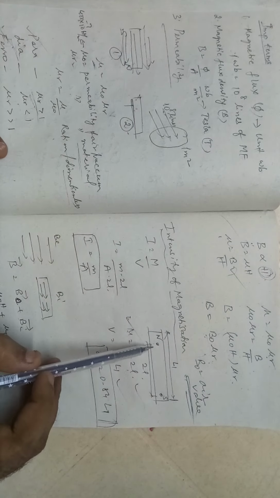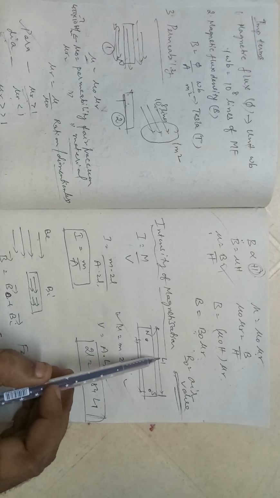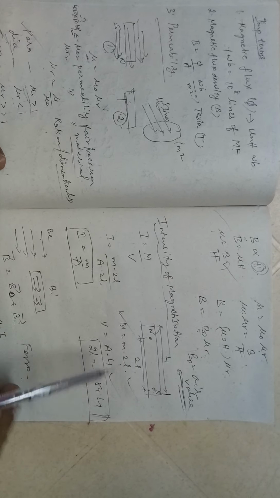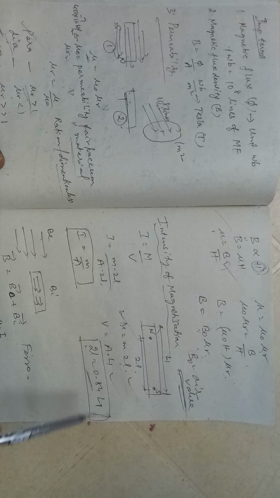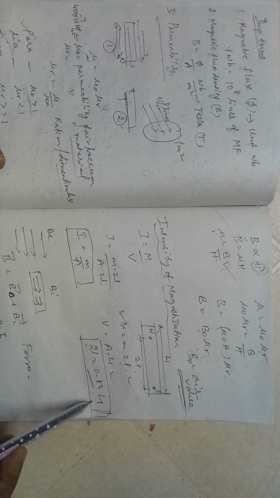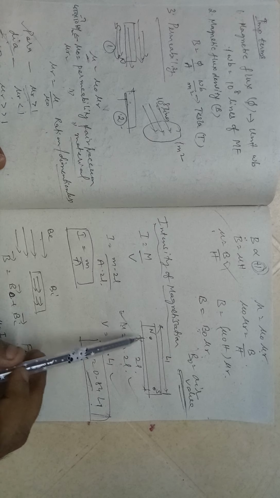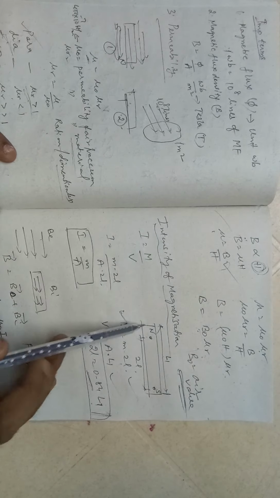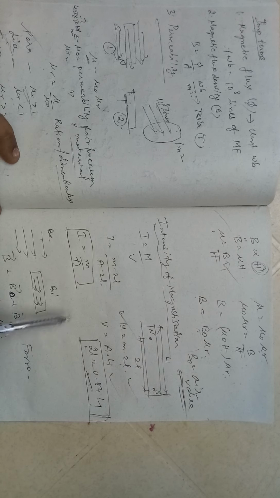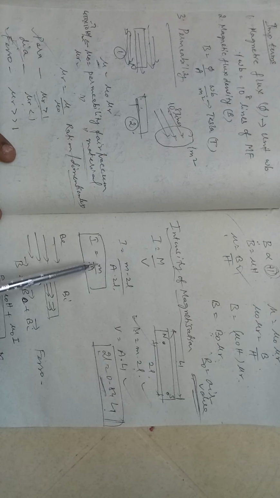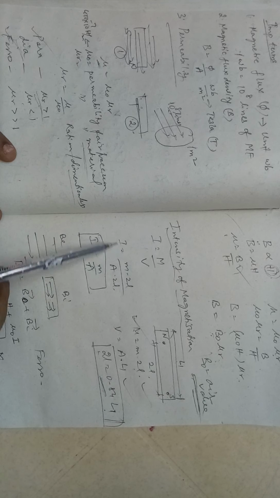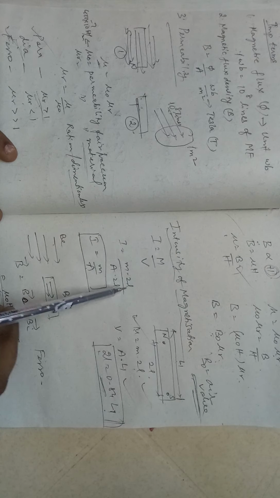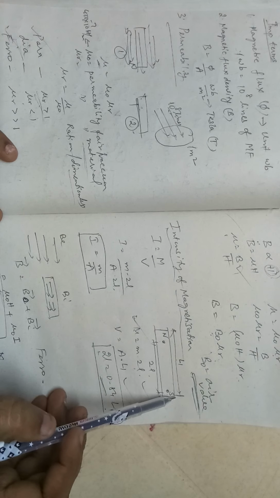So here we know that there is a relationship between the magnetic length and the geometric length. In my previous video I have discussed this. So magnetic length is approximately 0.84 times the geometric length. This north and south pole are almost very close to the ends. If I tend to ignore the small difference, sometimes it is written as I is equal to M by V. M means small m into 2l, and volume is area multiplied by the total length.